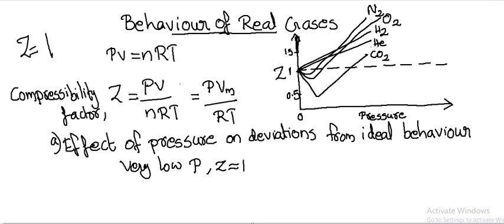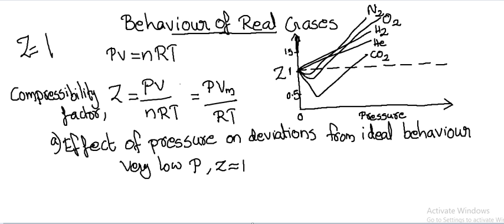What are the inferences obtained from the values of Z? Here, Z value first decreases, which means each of these gases becomes more compressible than an ideal gas.